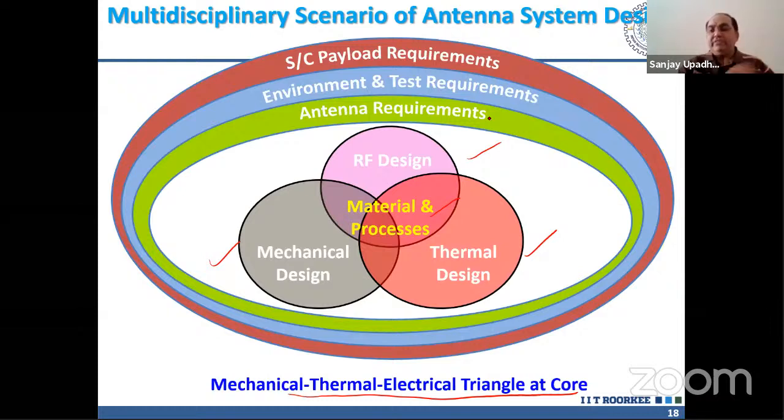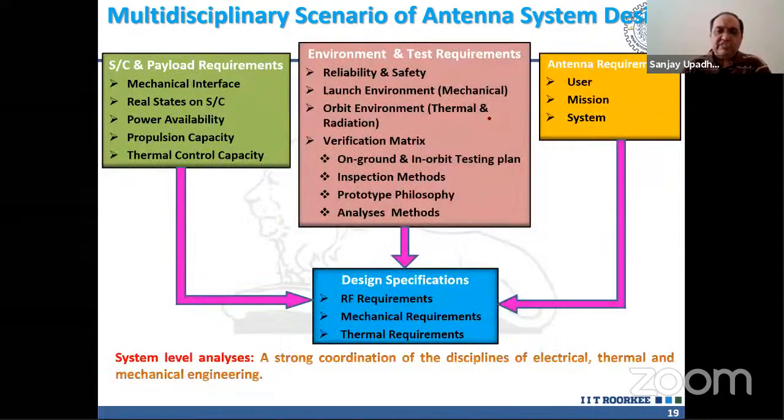This is a multidisciplinary area. Not only mechanical engineers, not only electrical or electronics engineers, but everyone has some contribution required to design a complete space antenna. Suppose mechanical interface, then power availability, propulsion capacity, thermal control capacity.